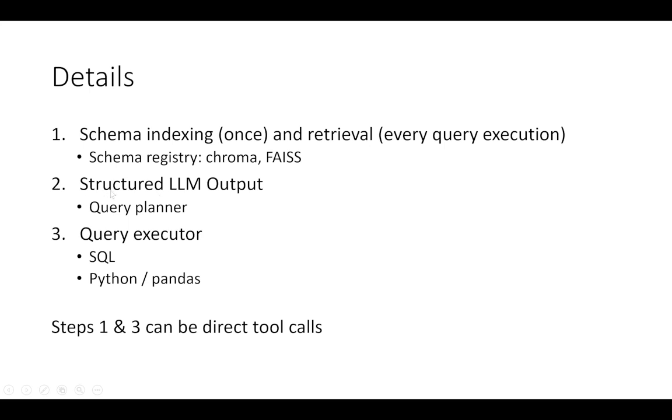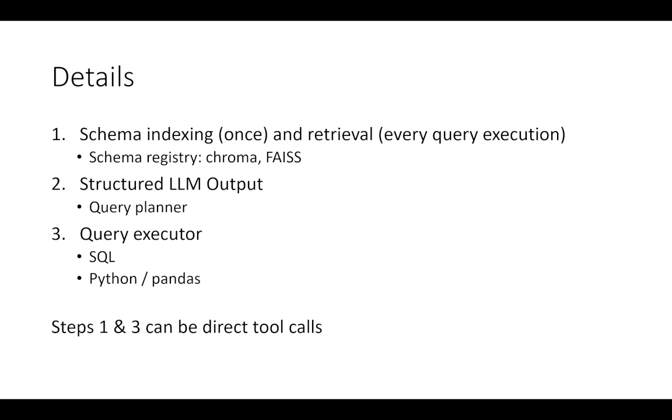Now the second step is you ask the LLM. This is also one of the videos we have done, structured LLM output. You can tell the LLM not to give free-form output, but some structure. You can specify a JSON. For example, you can have a query planner, and we'll see that in a bit. So the LLM will generate output only in that form. So basically this is your query planning.